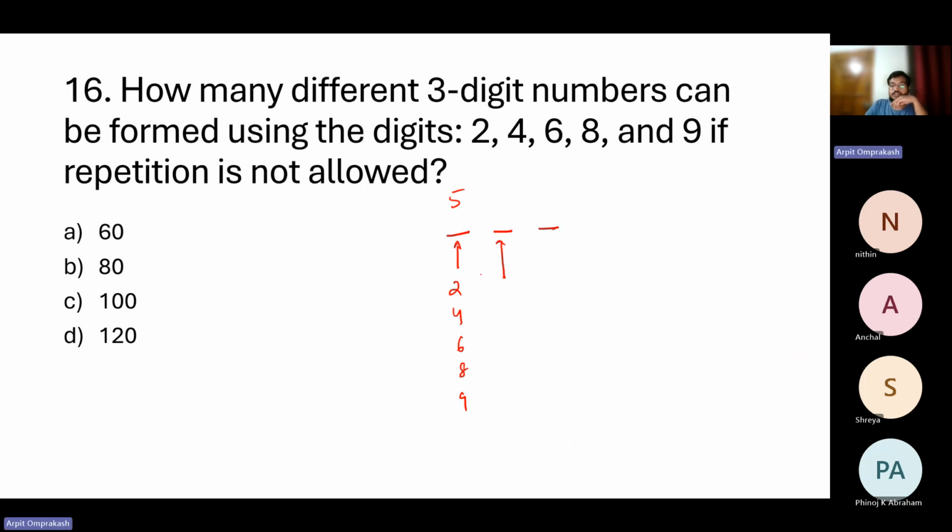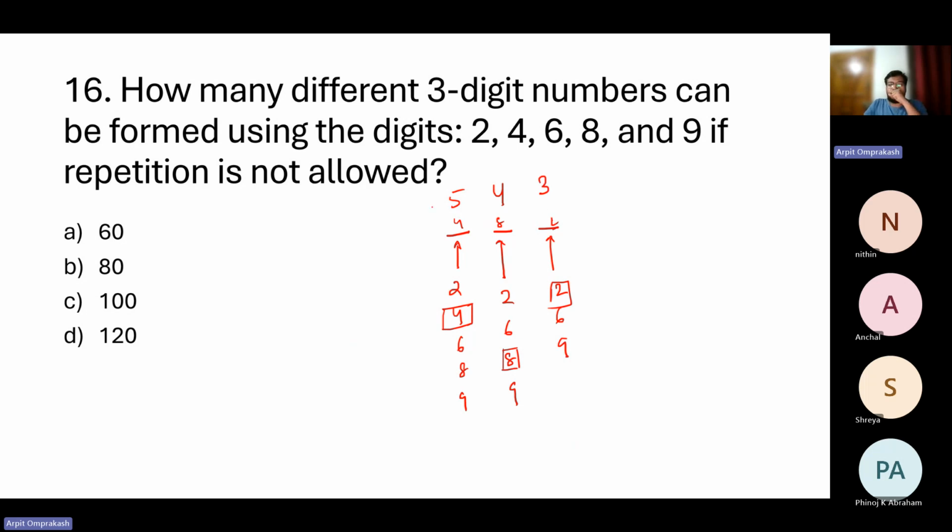But once we have chosen this, for example, let's say we chose a 4, in the second case we are left with 2, 6, 8, and 9, so only 4 options. Again, if we choose, let's say, 8, we'll have 3 choices for the third digit.